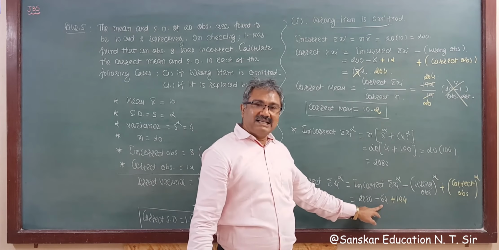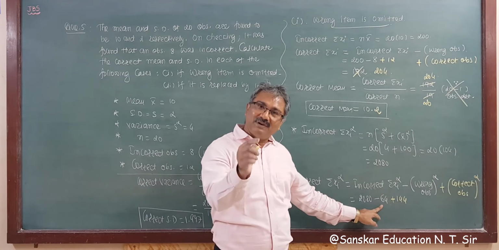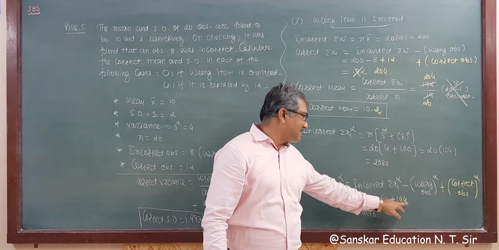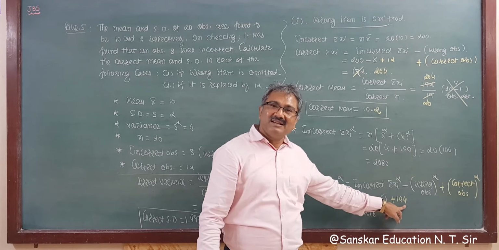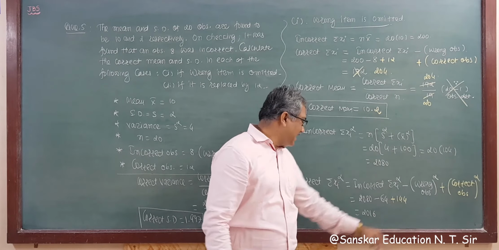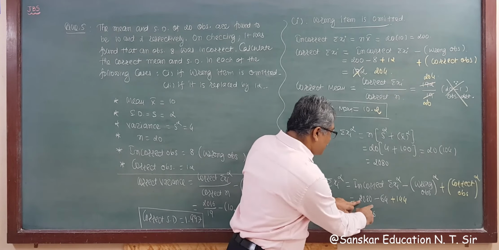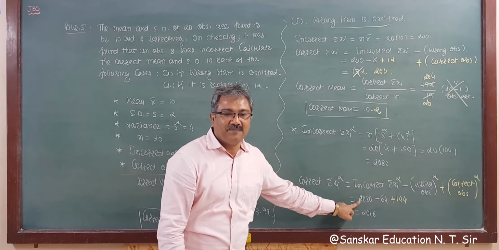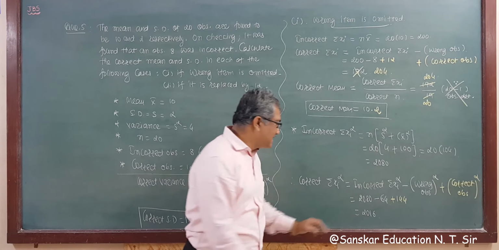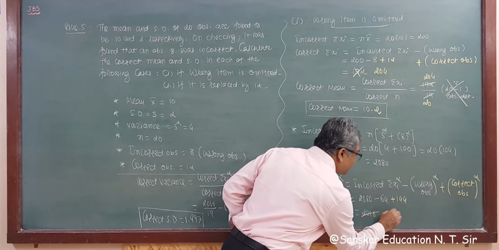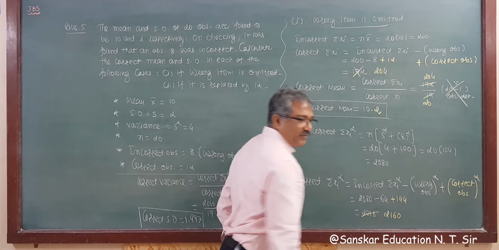So 64 plus 36 is 100, and 44 plus 36 is 80. So 2080 plus 80 is 2160. So this is your answer, 2160, right?